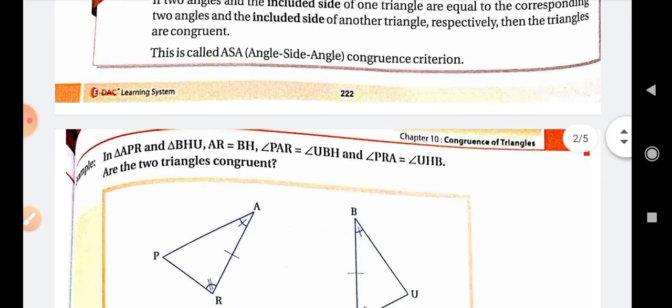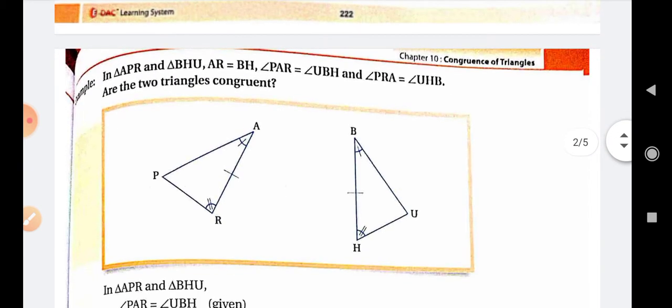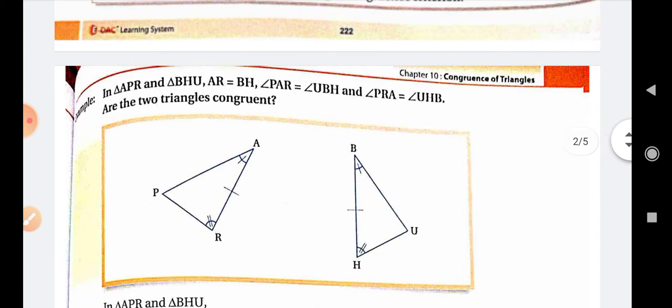So this is the ASA congruence criterion, and on the next page examples are given that are related to it.